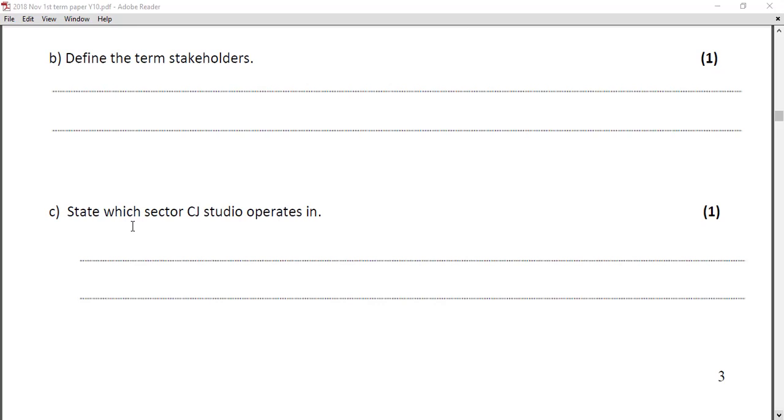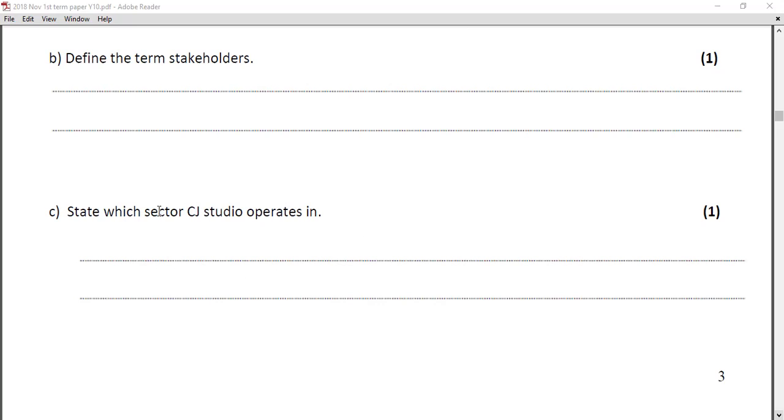So they operate in this tertiary sector, right, since they provide photographic services. You have to say why they are in the tertiary sector, because they're providing photographic related services. So you have to write that, then only you are getting the marks. If you write something like "CJ Studio operates in tertiary sector," we can't give the marks.